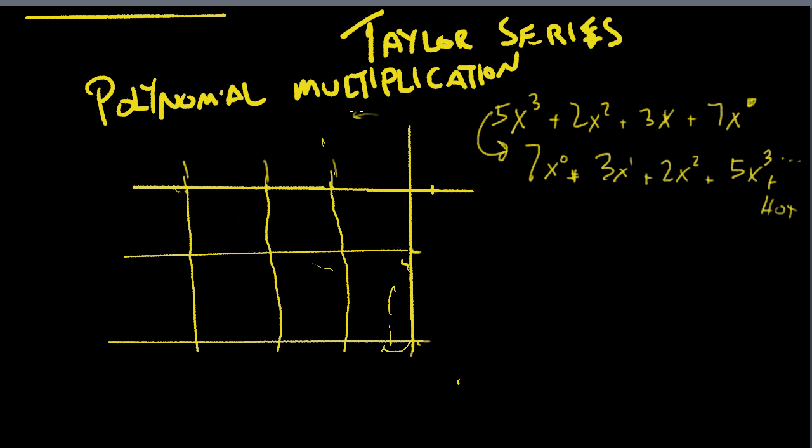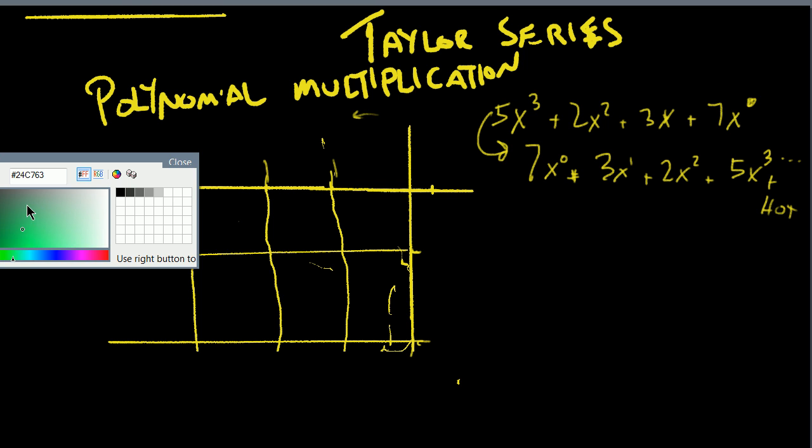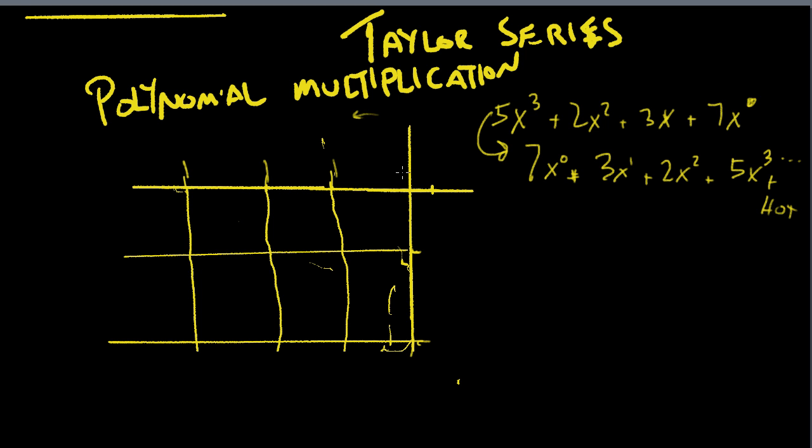There's a couple different ways to think about this. If you're going to go to an infinite number of terms, you might start thinking about, I'm going to change color here, putting the x to the 0 term here, the x to the first term here, the x to the second power there, the x to the third power there, and then the dot, dot, dot being higher order terms.